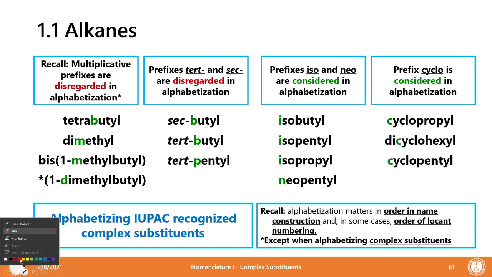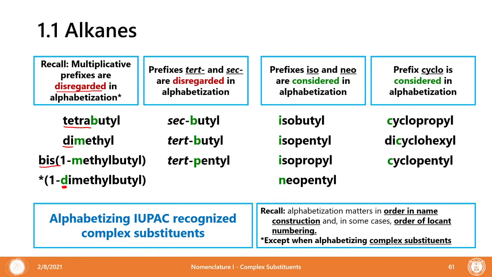So do not consider our tetra, di, and bis when alphabetizing our complex substituents and simple substituents. However, if it is enclosed in a parenthesis and it is a complex substituent that has an inner substituent that has a multiplicative prefix, we consider that. Okay, so enclosed in parenthesis the first letter.